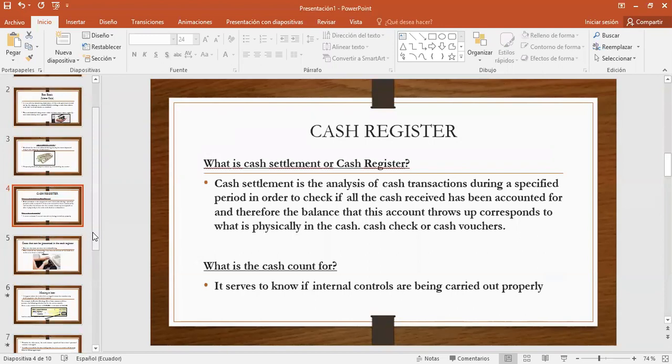Cash count is the analysis of cash transactions during a specific period in order to check if the cash received has been accounted for and therefore the balance that this account shows corresponds to what is physically in the cash, checks or cash vouchers.